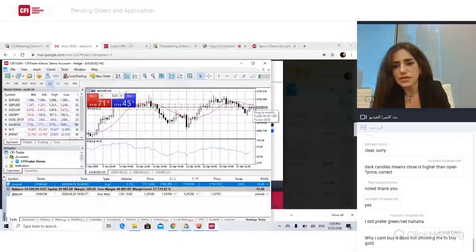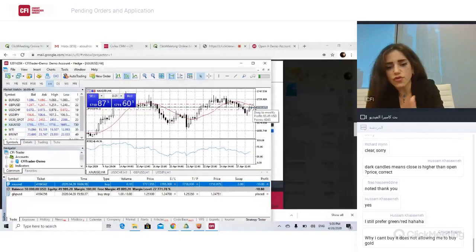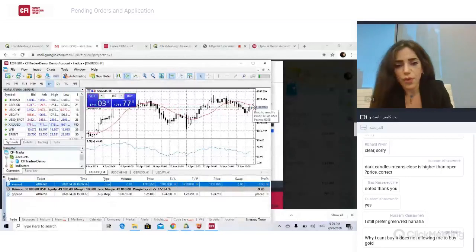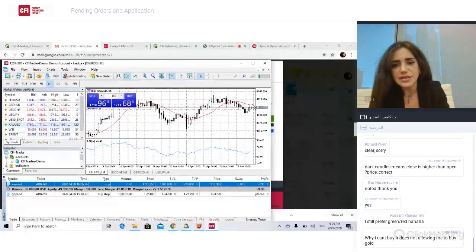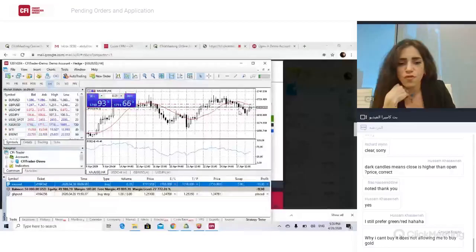It says 6,000 because we calculate 2 digits after the decimal point for gold. But basically, if you take the part before the dot, that's a $60 movement, or a 6-point movement. So that's how we get our profit here.